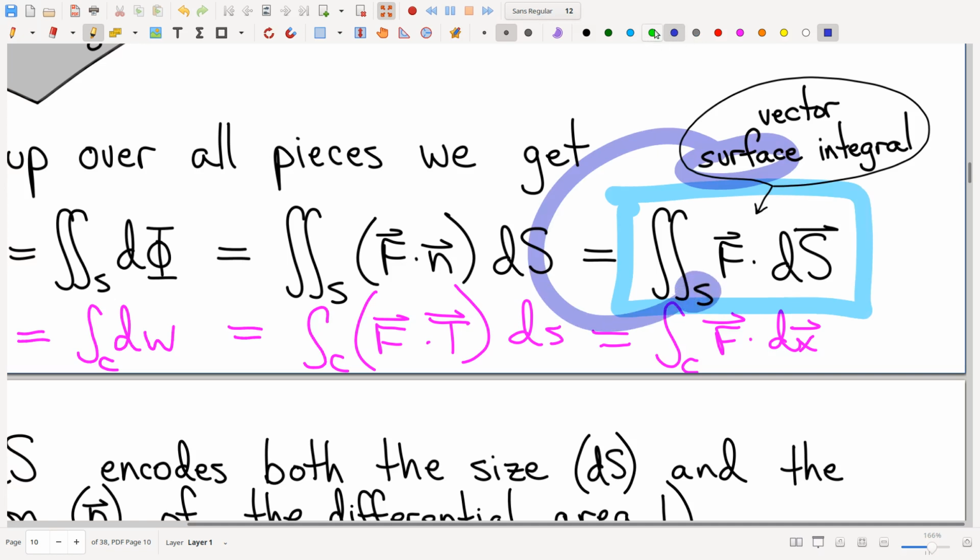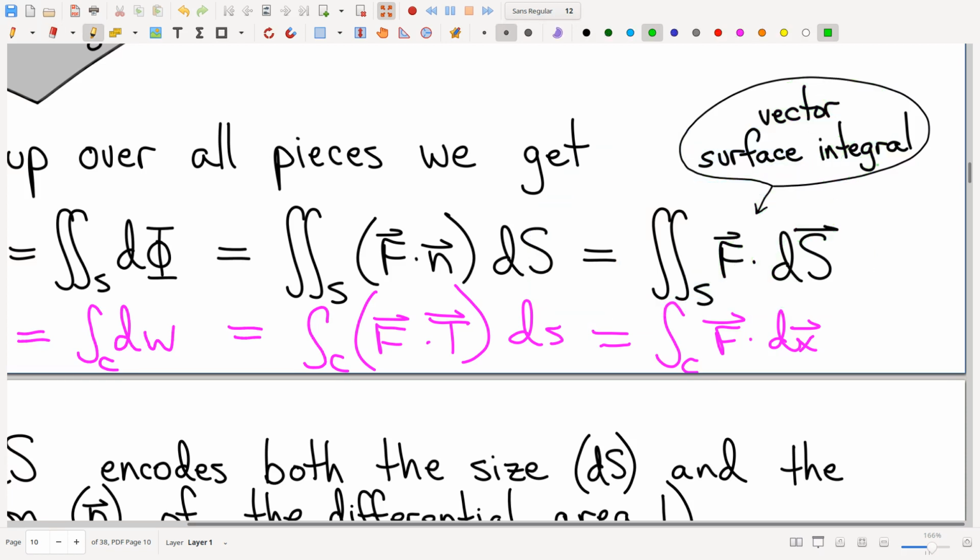But vector surface integral, because our differential is actually now a vector. Our integrand, we see now, more naturally written, is actually a vector. So thus the name vector surface integral. What do you think? Everybody good? All right. Good deal.